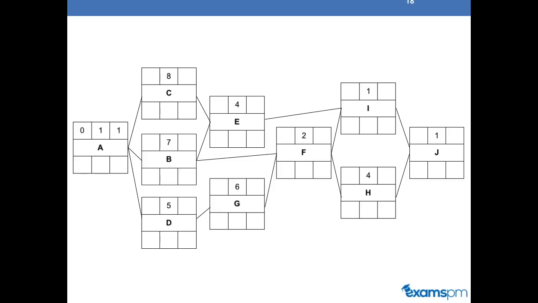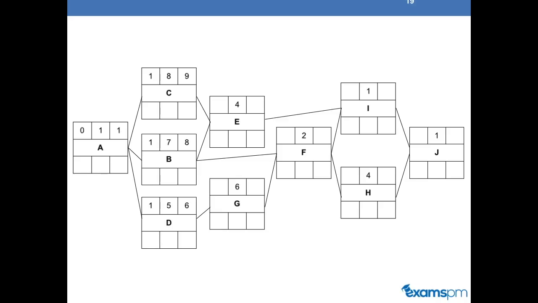And once you know the early finish for activity A, you know the early start for activity B, C, and D. Because activity B, C, and D cannot start until A is finished. And since A is finished at time period 1, let's just say 1 week, activity B, C, and D cannot start until week 1.